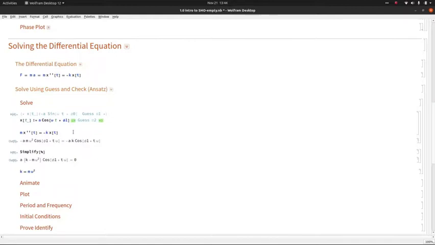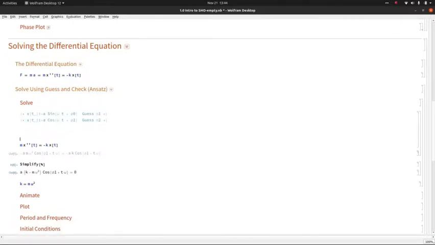I'm going to do one more version of this, which you also see in common use. Again, x of t colon equals. This time, this is going to look a little bit different. I'm going to say it's equal to c1 cosine omega t plus c2 sine omega t.